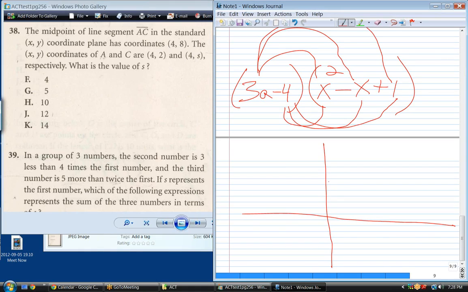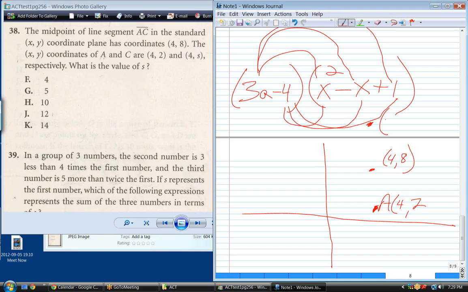The midpoint is at 4, 8. I'm going to make 4, 8 right there. The ends of this line are 4, 2. So 4, 2 must be about there, right? And that's point A. And point C is 4, S. Well, 4, S is way up here because 4, 8 is the midpoint.